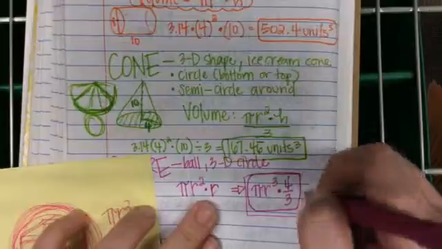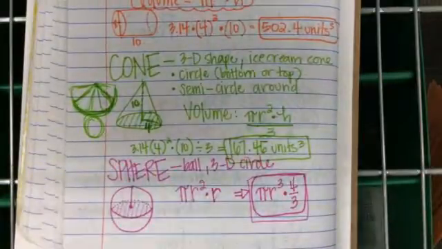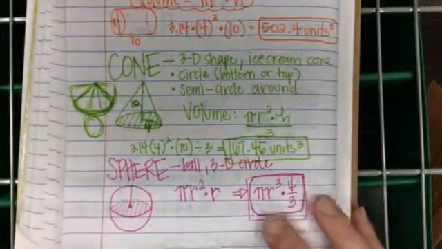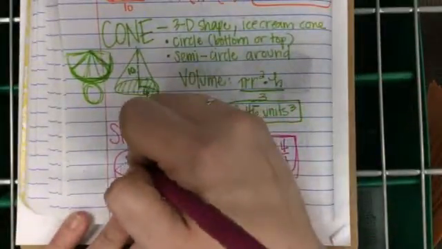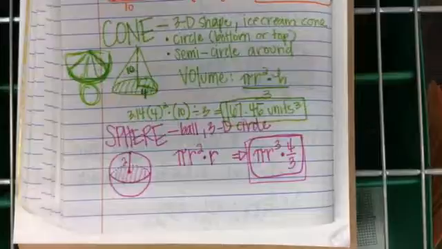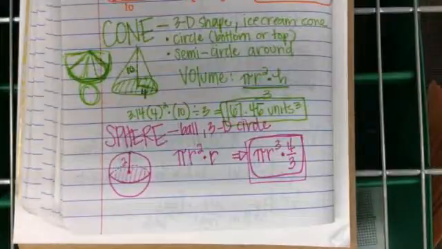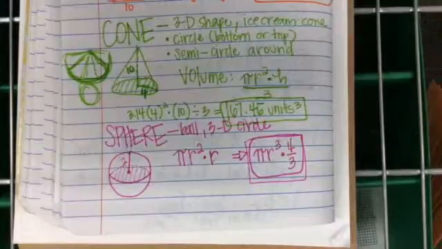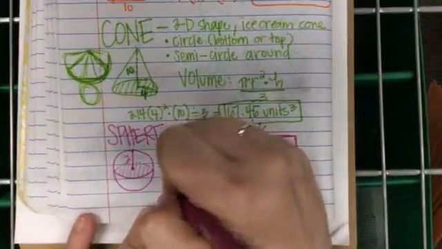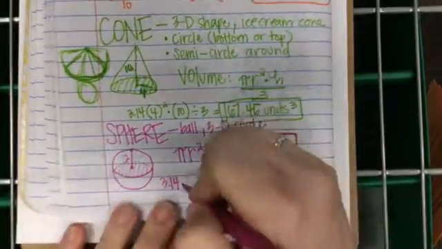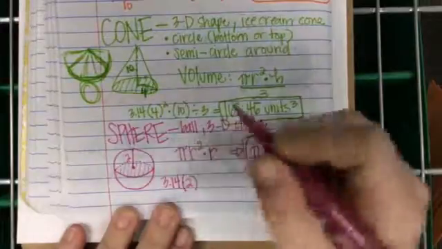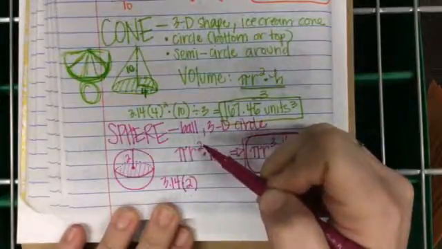So there's the formula. You're going to need to have these written down so that you can reference them. But if the radius is 2, can you figure out the volume of that sphere? Do it. Pi times, what's the radius? 2, but it's not 2 squared.